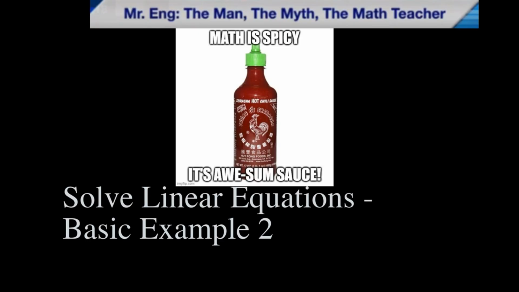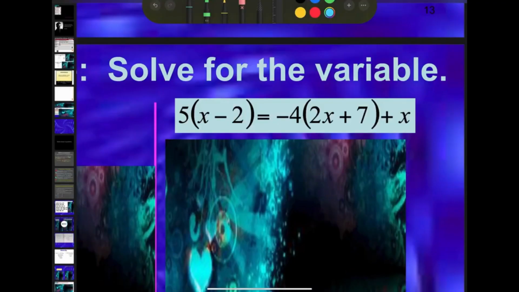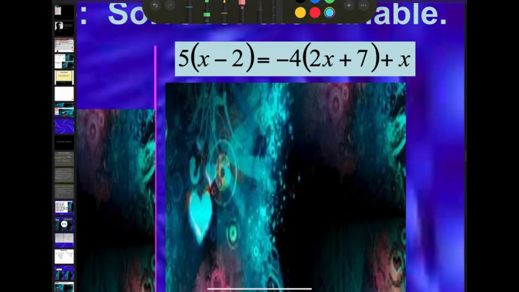All right, let's go over this one together. The first thing I'm going to do is I'm going to draw a line down the equal sign. Maybe that one didn't show. Let's try this one. Okay. So we talked about how you can use an acronym called PEMDAS.